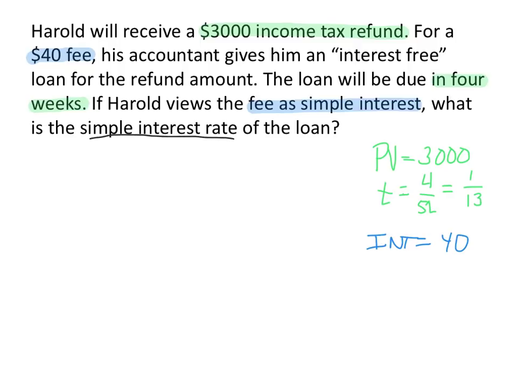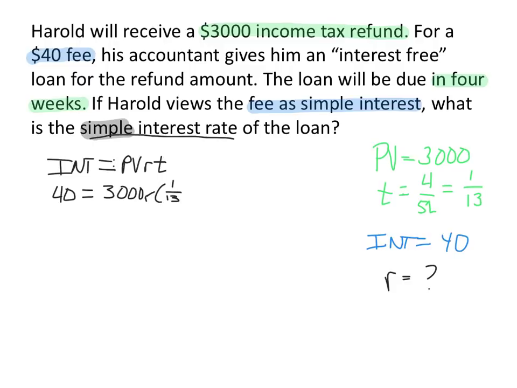So we want to find the simple interest rate R. Looking at what we have, and this super important word simple, we use the appropriate formula and see that INT equals PV times R times T. In this case, that is 40 equals 3,000 times R, that's what we're looking for, times T. And you could use the 4 over 52. I chose to use the 1 over 13 because I happen to know how that reduces.